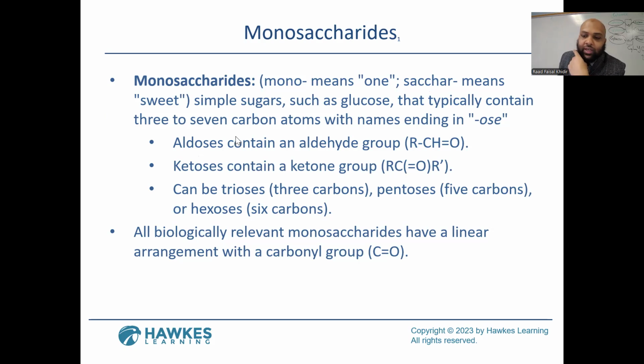Aldoses contain an aldehyde group, and ketoses contain a ketone group. They can be trioses, 3 carbons, pentoses, 5 carbons, or hexoses, 6 carbons.